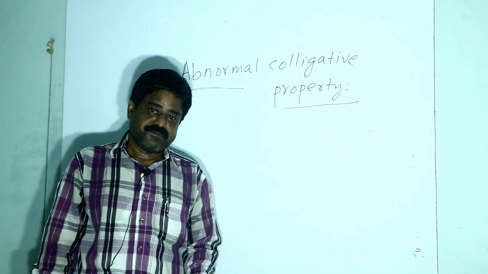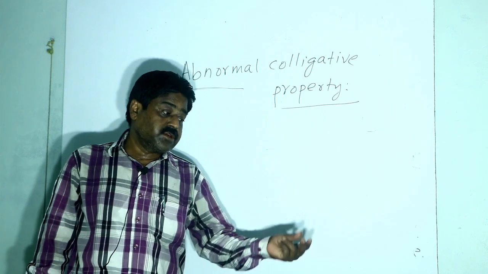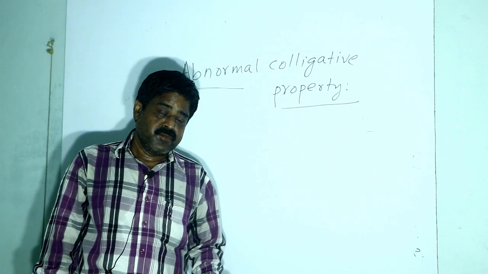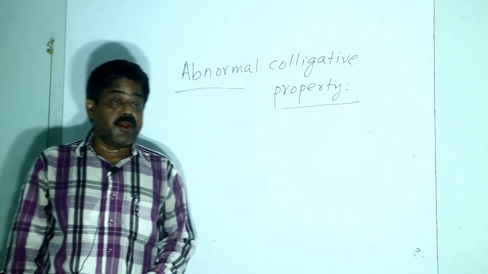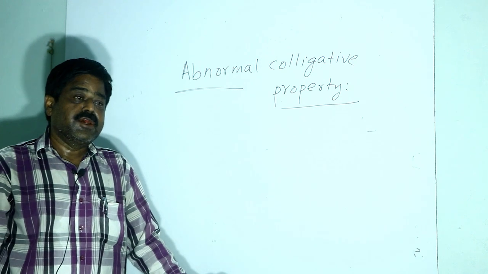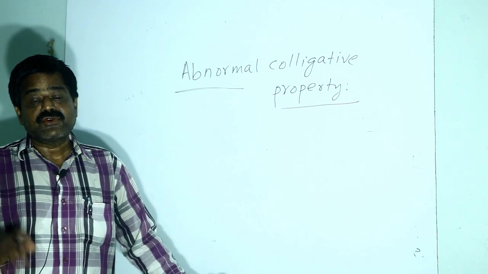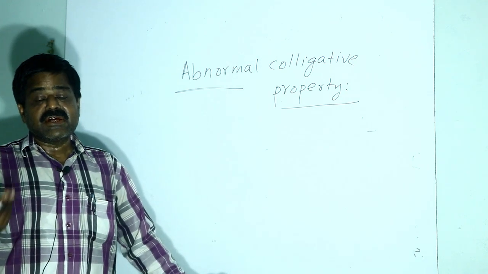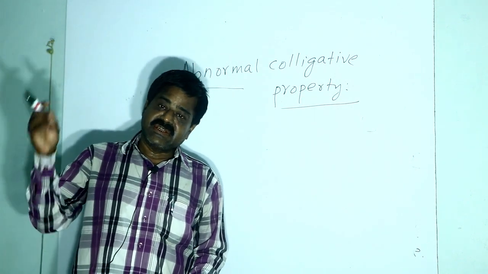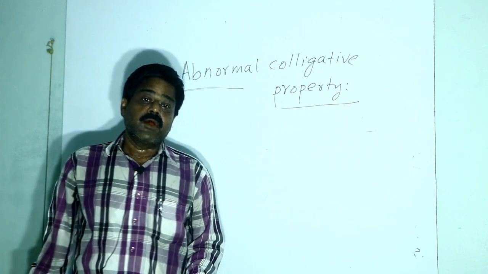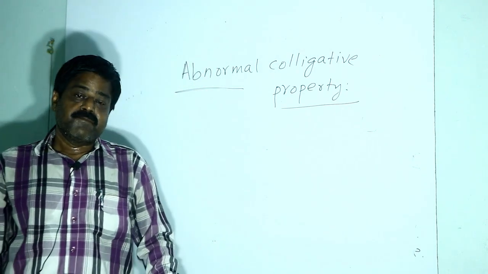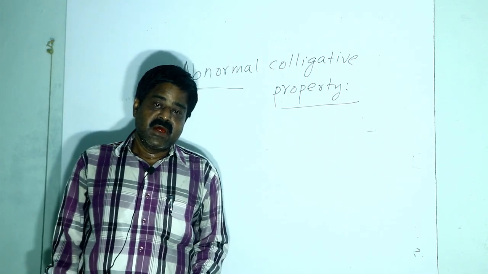In that case, the determination of molecular mass is not correct, and the colligative property will not follow the law. In these solutions, dissociation or association occurs. Let us give one example of association. When acetic acid is added to water, the acetic acid gets dimerized in that solution.